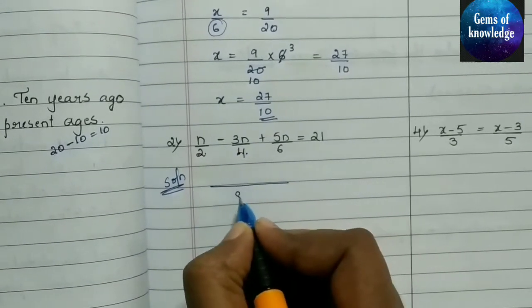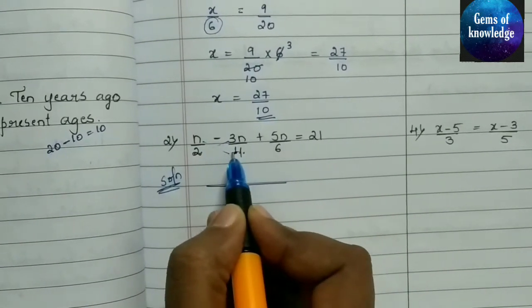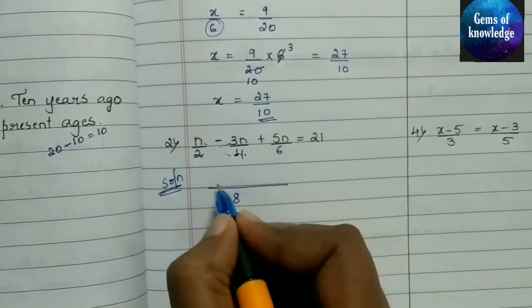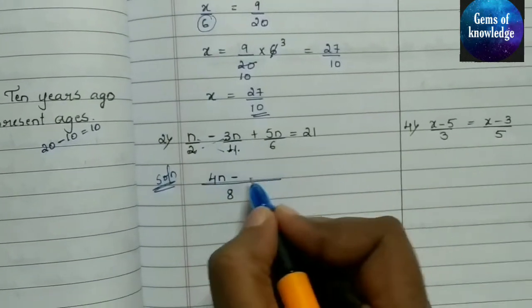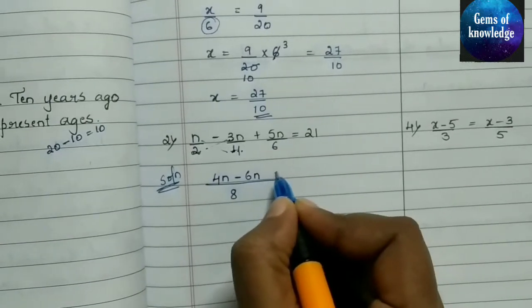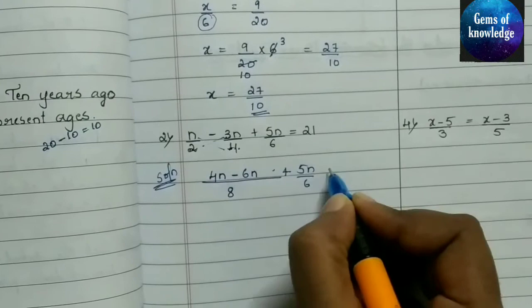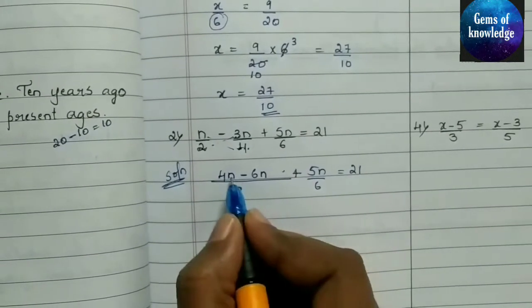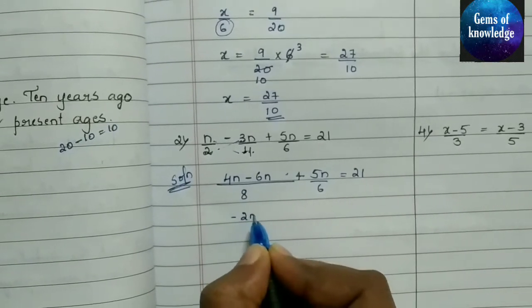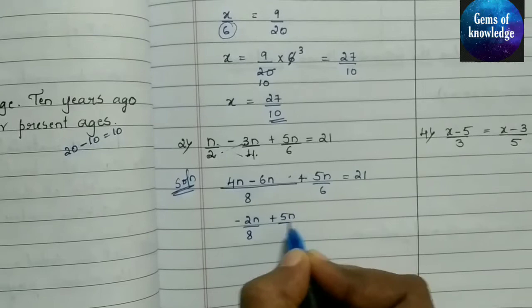2 4s are 8, and we will cross multiply here. So this is 4 into n, 4n minus 2 3s are 6n, plus 5n by 6 equals 21. Let us keep it as it is. So here we are getting minus 2n by 8 plus 5n by 6.